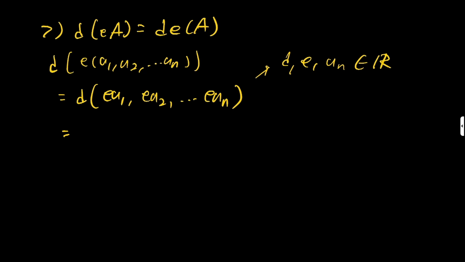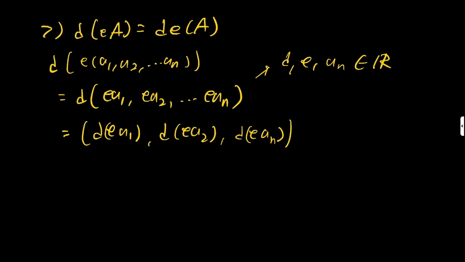This is, of course, then just equal to (d(EA1), d(EA2), ..., d(EAn)). And I'm going to put parentheses around the EA1 because we technically haven't shown it yet. So like this is really what's going on. And from here, we simply know that a product of multiple terms is always going to be associative, and so we can just move the parentheses around.